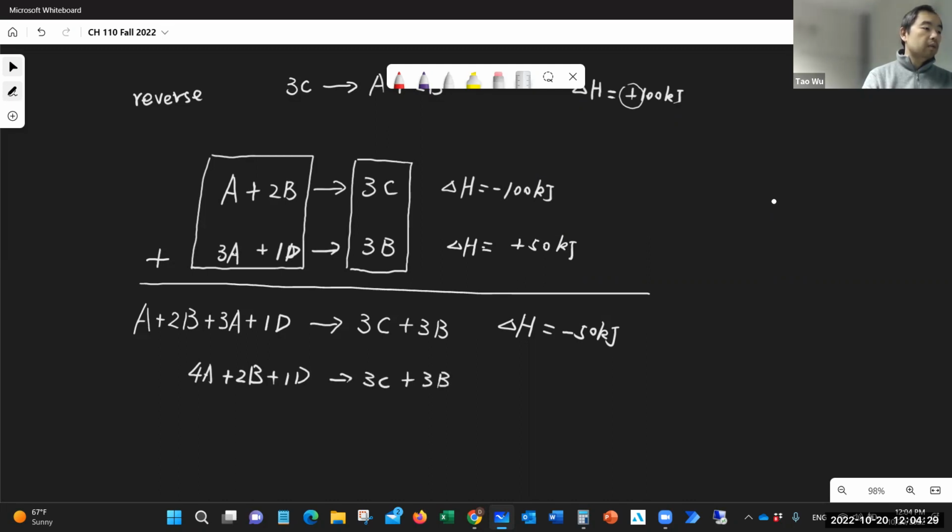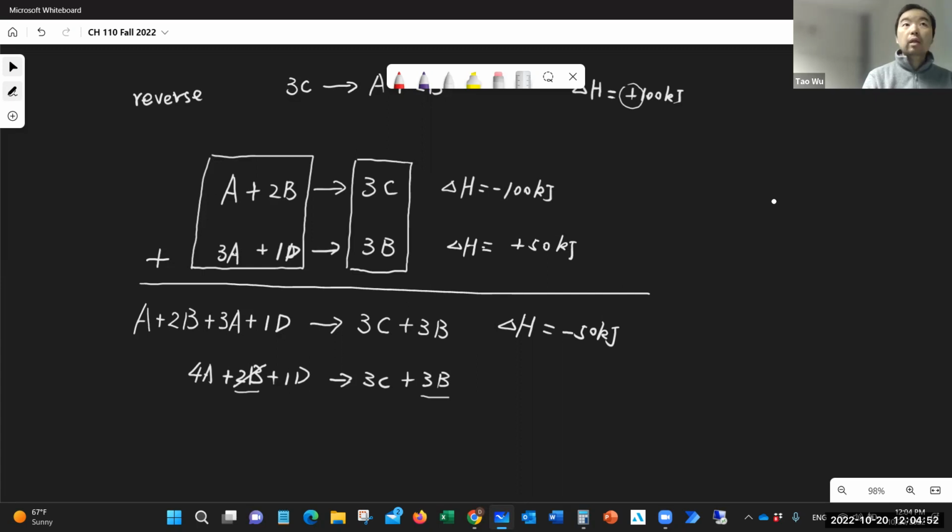Then you see we have a 2B over here and a 3B over here. This is an equation, so you can get rid of those. The 2B will cancel out with 3B. The leftover on the right side is only 1B.